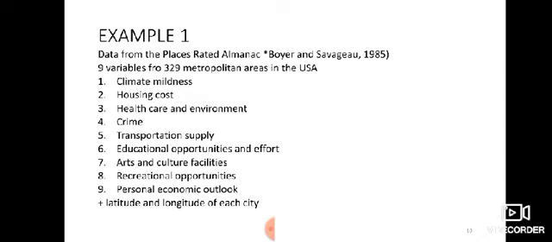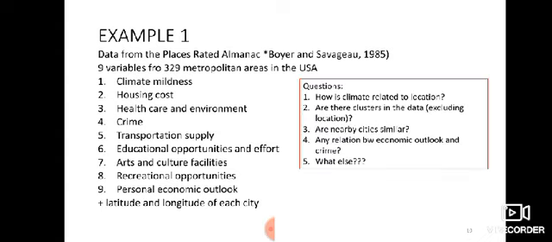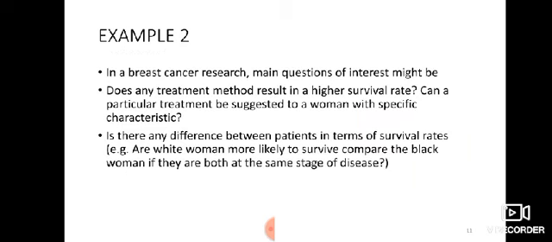Based on these, we can identify the latitude and longitude of each city. The initial questions are: how is the climate related to the location? Are there clusters in the data? Are there nearby cities which are similar? And is there any relation between economic outlook and crime? Like that we can have some questions.